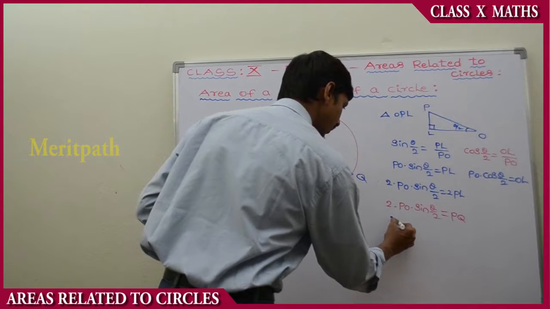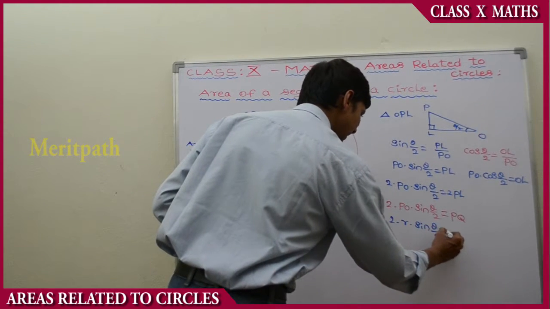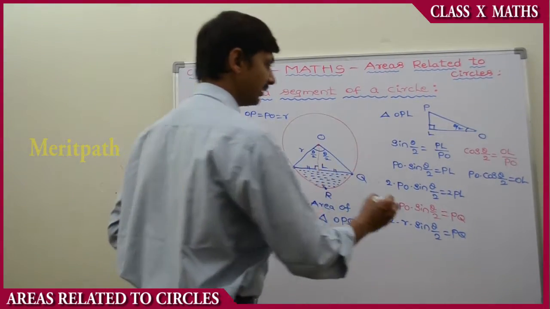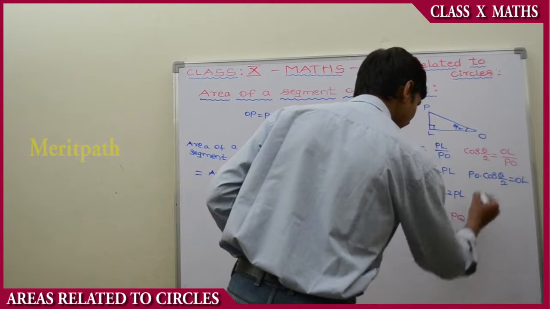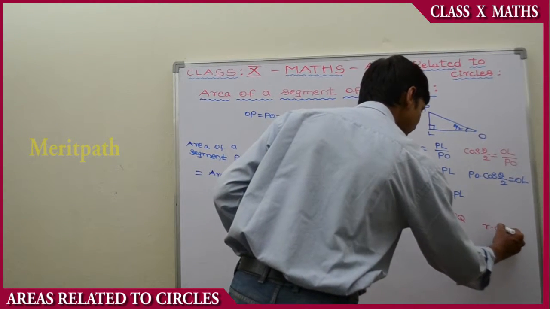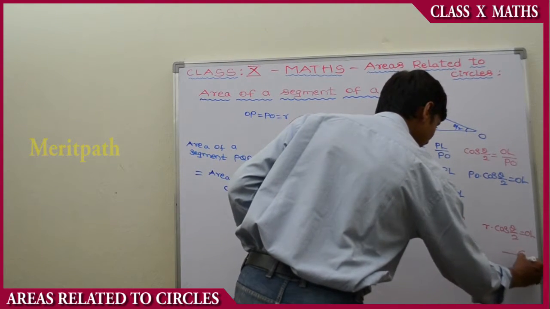So 2 times the radius of the circle into sin theta by 2 is PQ. This is equation 1. And PO is R, so R into cos theta by 2 is OL. This is the second equation.